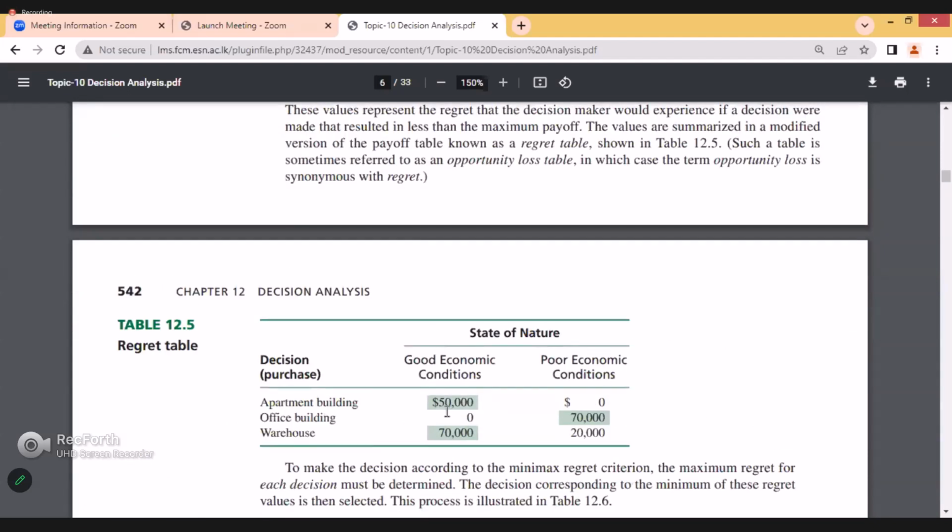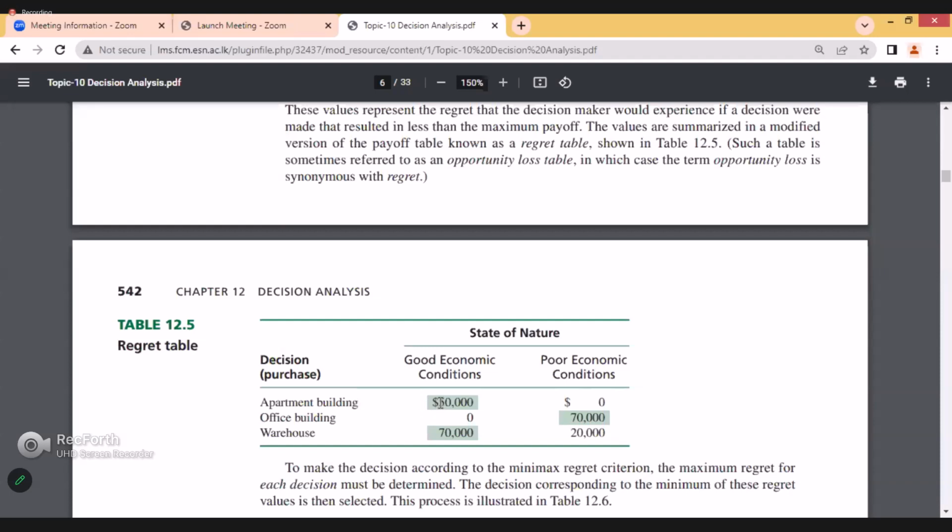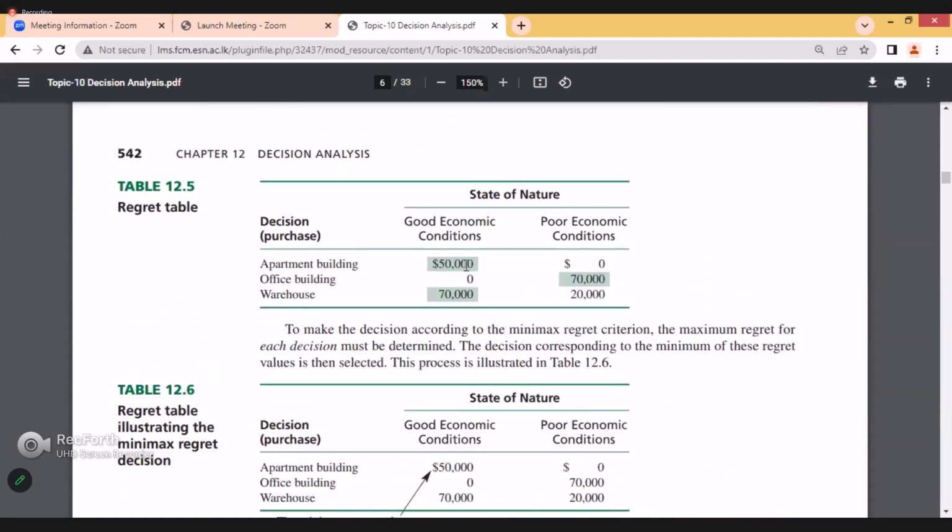In the regret table, the criterion is minimax. Here the three values are 0, 70 and 50. According to this table, the minimum is 50, not 0. 0 is nothing. Comparing 70 and 50, it is 50.